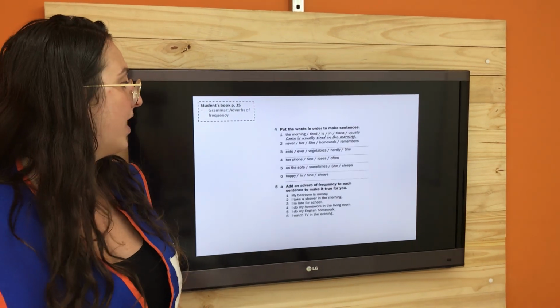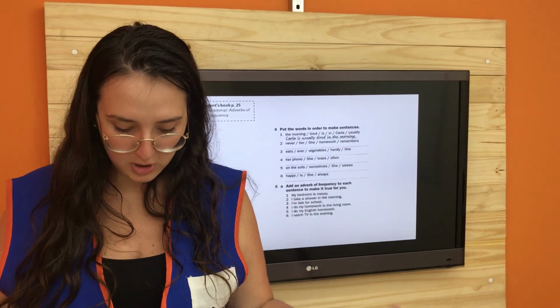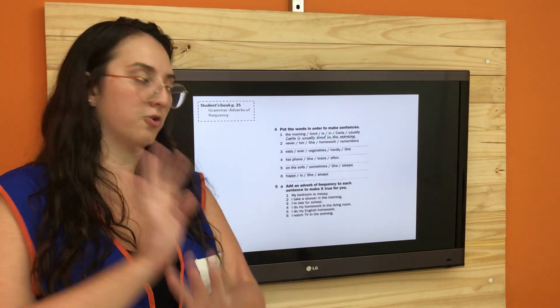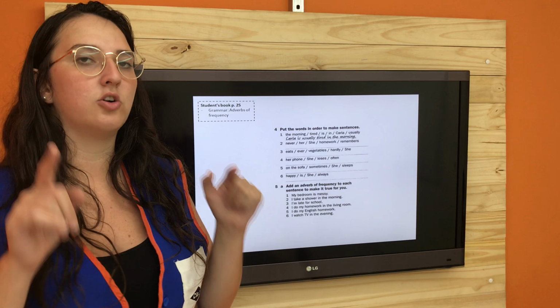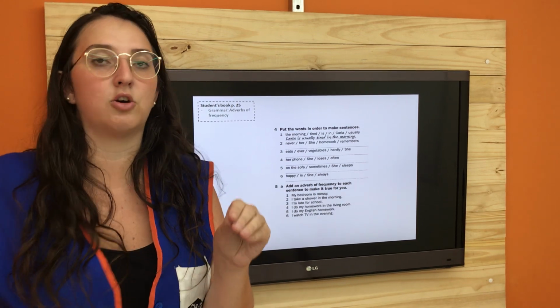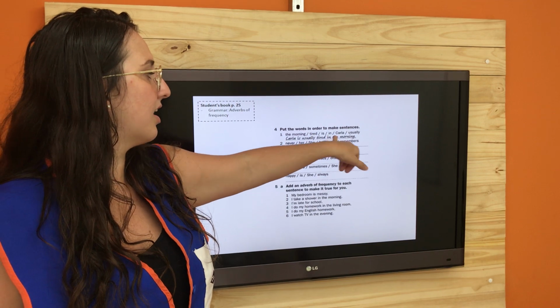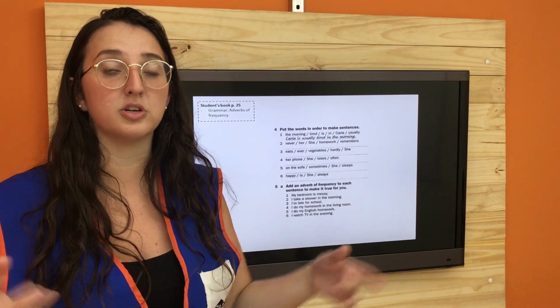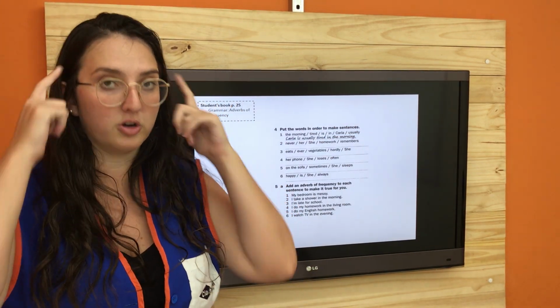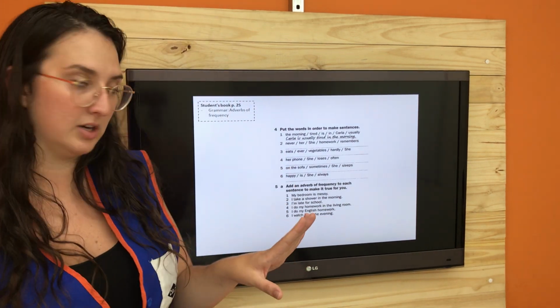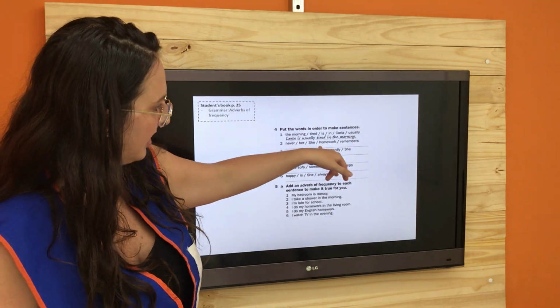So, the last exercise we're going to do in this book is number 4. We have some words that are out of order, and you are going to put them in the correct order. For example, the morning, tired, is, in, Carla, usually. How do I put it in order? Remember the adverb order. It's before the verb, or after the verb to be. So Carla is usually tired in the morning.